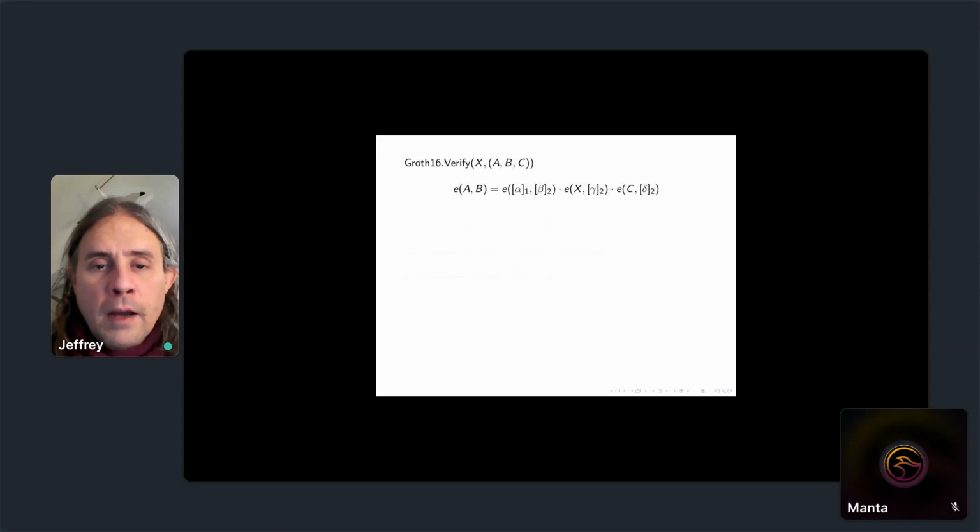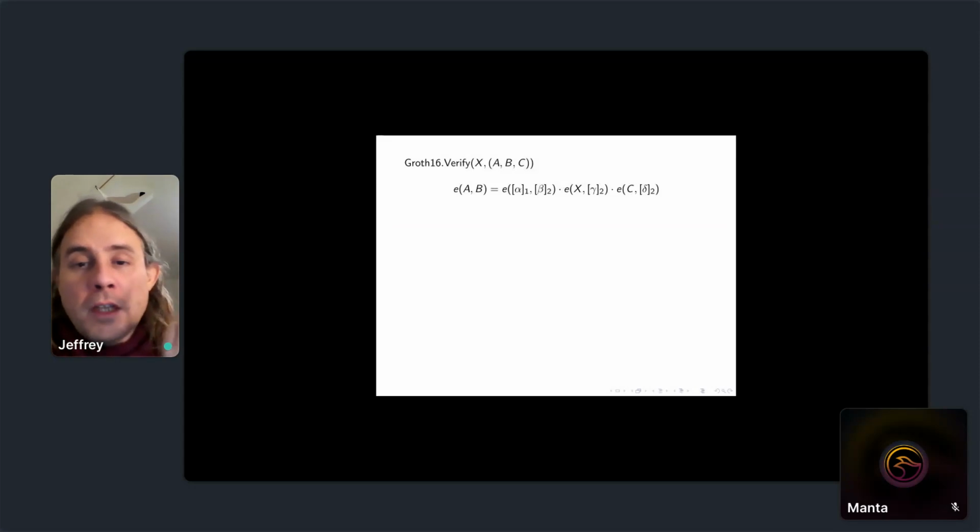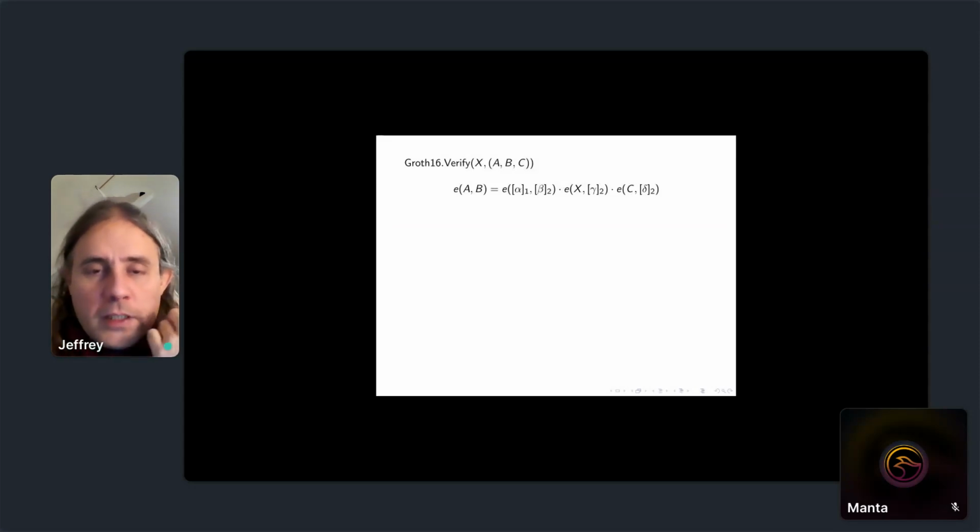Now, there's a proof system called Groth16, which probably most people here have heard of. Groth16 has a very nice property that it has this re-randomization built in already. Actually, everybody hated that for a while because it made it hard to prove theorems about it, but it turns out very useful for us. So this is what Groth16 looks like.